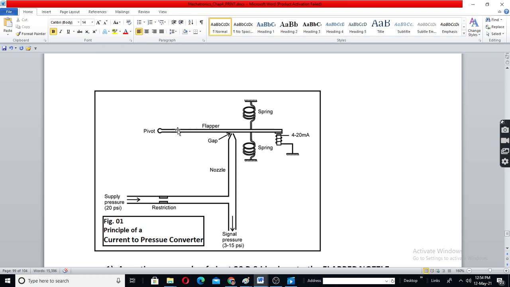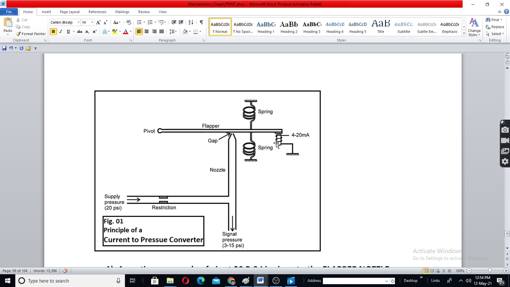The flapper is a non-magnetic material, but at the end a small magnetic material is fixed to it, so that the flapper can be moved up and down by controlling the current in the electromagnet.